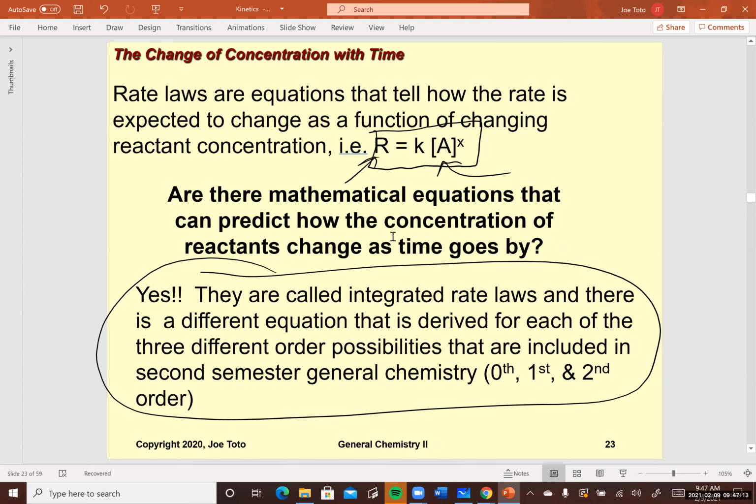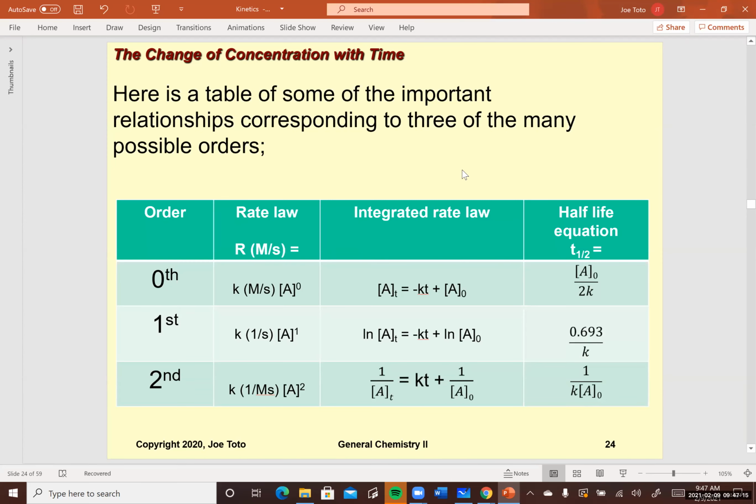So if you use calculus on these equations, now let me take you through this table here. The first column is the order. We have 0, first, and second. So let me ask you guys to see if you're still awake out there. Are these the only possible orders you can have for reactions?